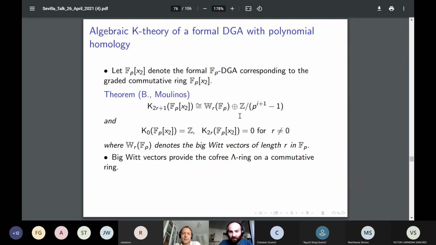Looking at this result, the even algebraic K-theory groups turn out to be trivial, and the odd homotopy groups are given in this way. So this part just comes from the algebraic K-theory of F_p. Remember, that was Quillen's computation that I mentioned in the beginning, where he computed algebraic K-theory groups of finite fields, and that's where this part comes from. And this part is really the new thing that comes from our computations.